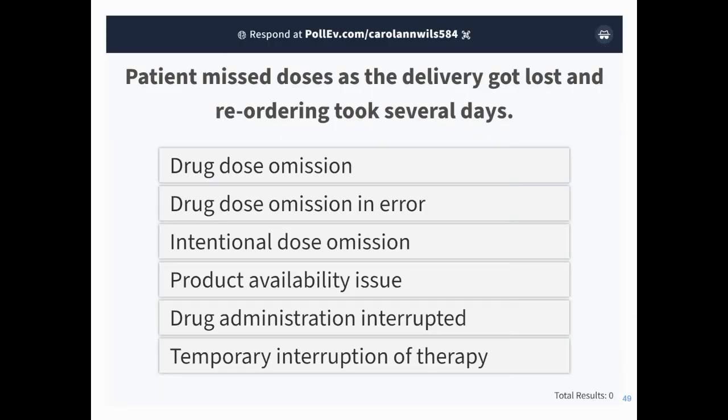So what would you do with this one? Patient missed doses as the delivery got lost and reordering took several days. Drug dose omission in error, intentional dose omission, product availability issue, drug administration interrupted, or temporary interruption of therapy.